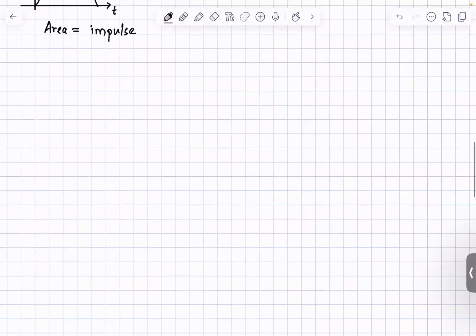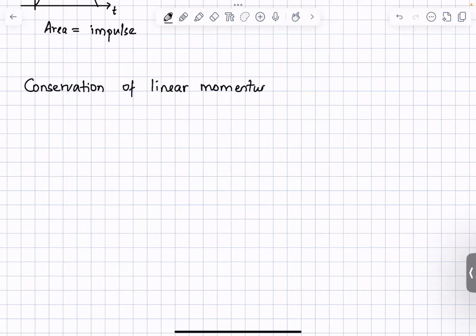So today we'll look at the conservation of linear momentum. This is a very fundamental rule in physics, which comes again and again.